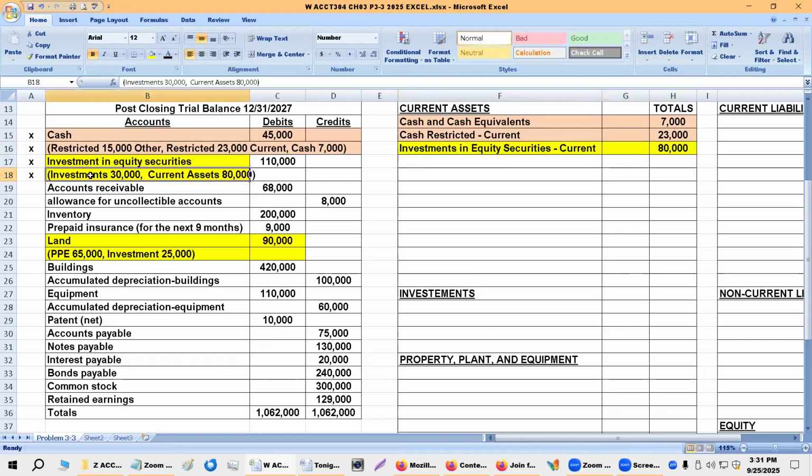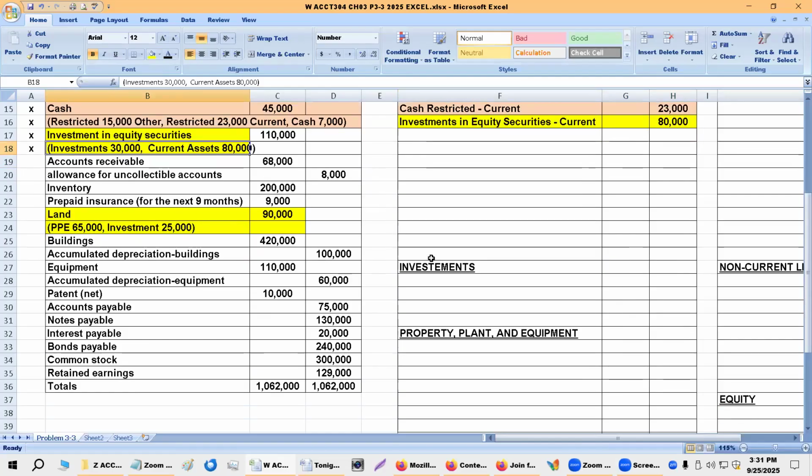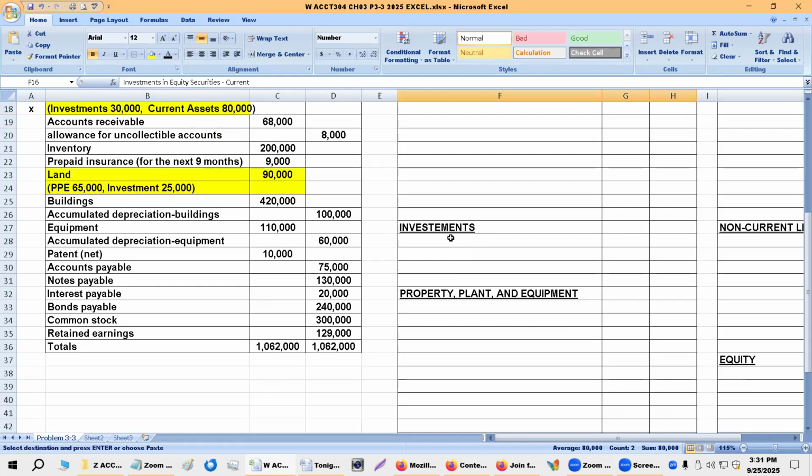I'm going to do the investments while we're at it. It's not our only investment.